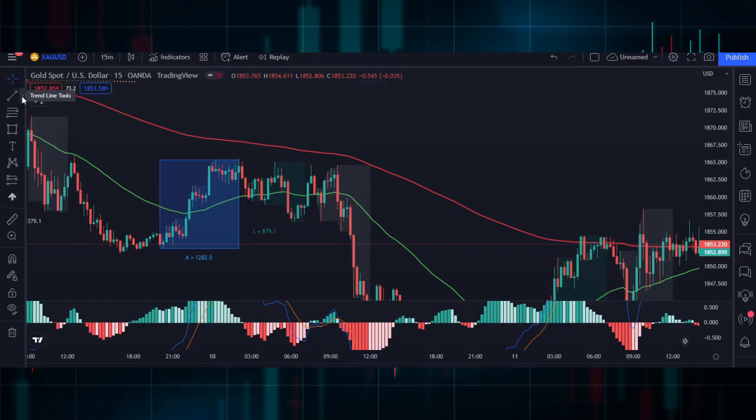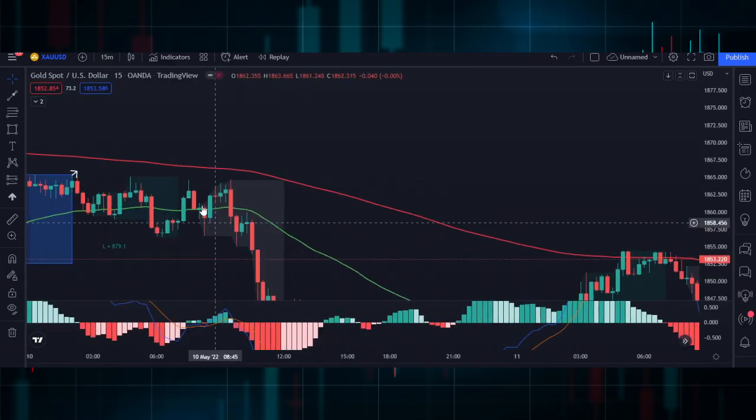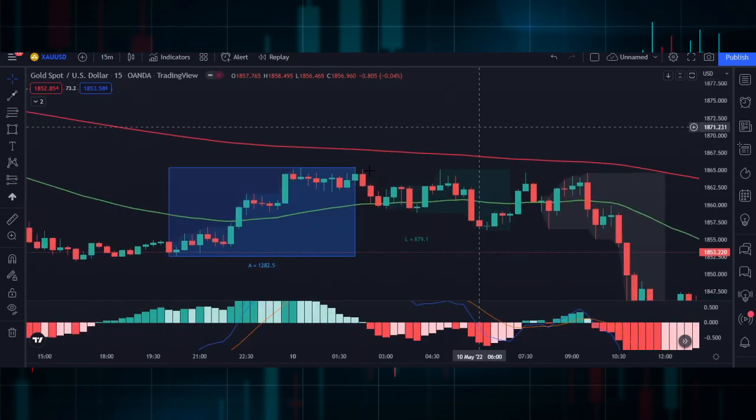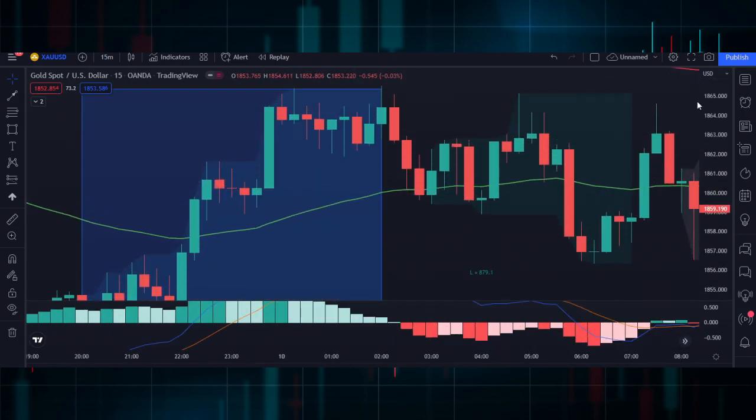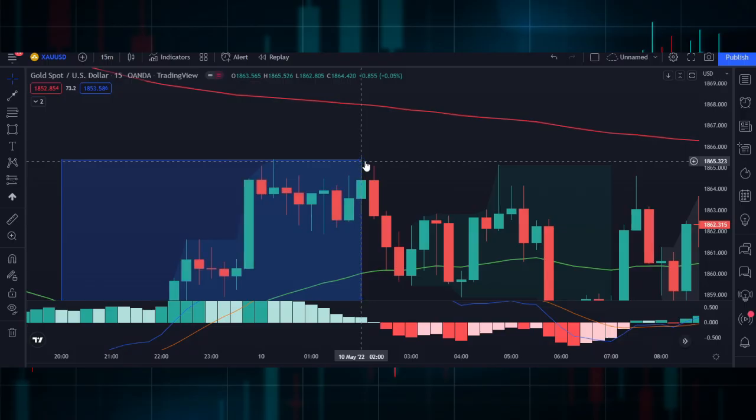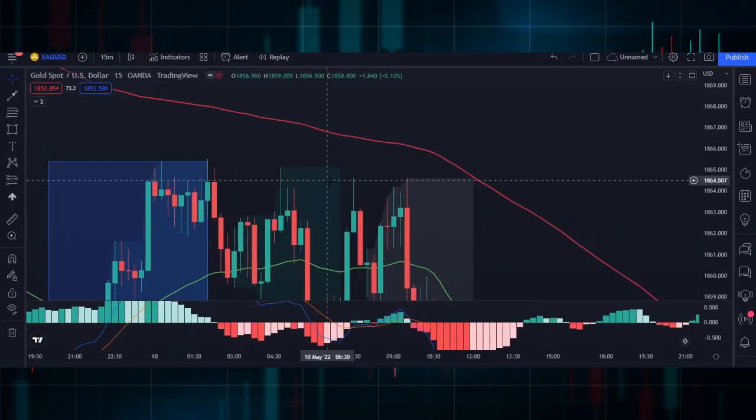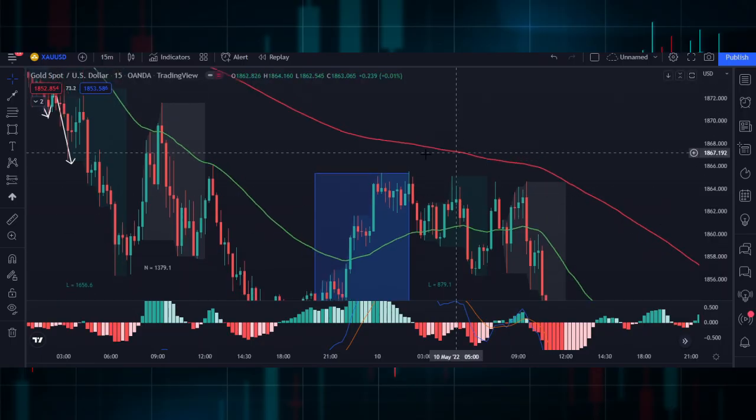And as you can see, price went above the Asian box with this very small wick right here. It broke out above the Asian session box and then came down for a normal sell setup.